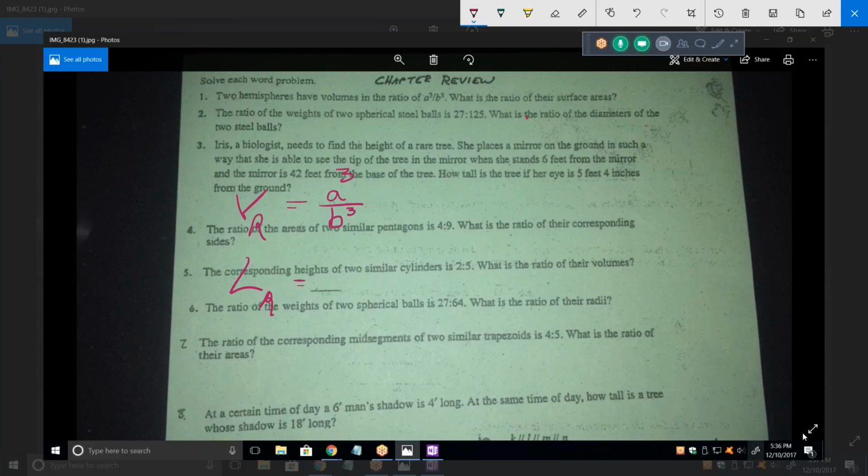Remember, if the linear ratio is X, then the area ratio is X squared, and the volume ratio is X cubed. So to get from volume back to linear, you've got to take the cube root. So what's the cube root of A cubed over B cubed?